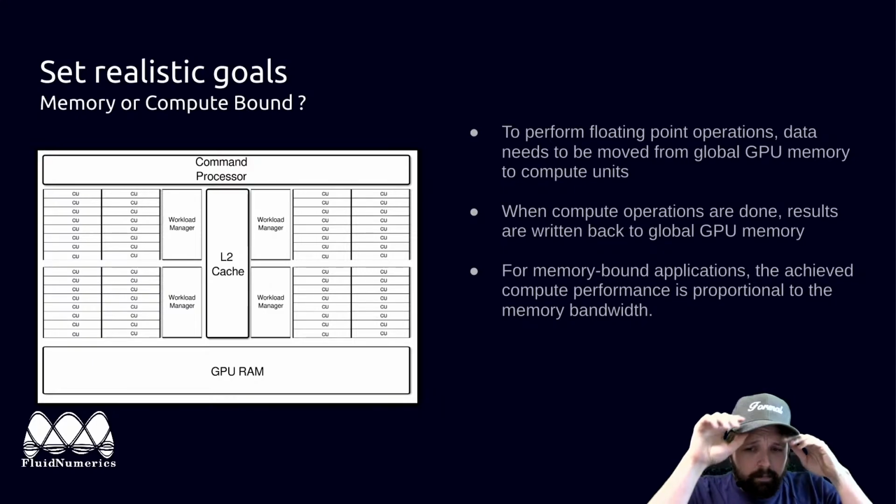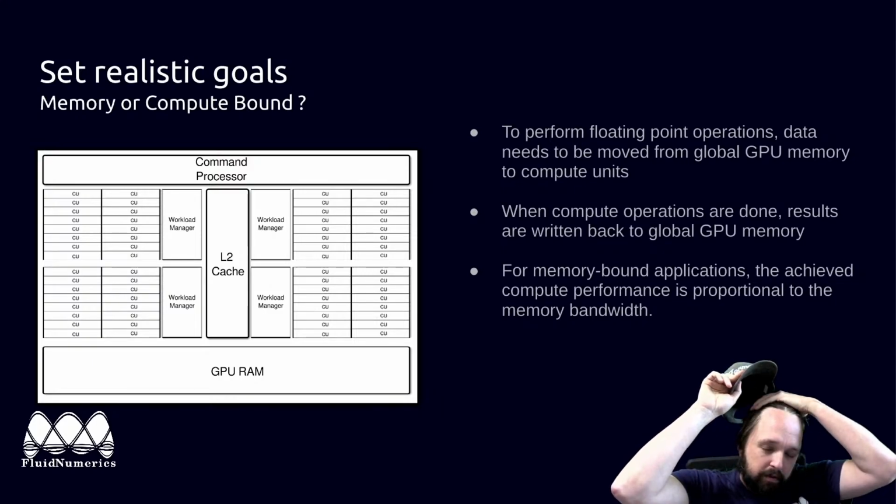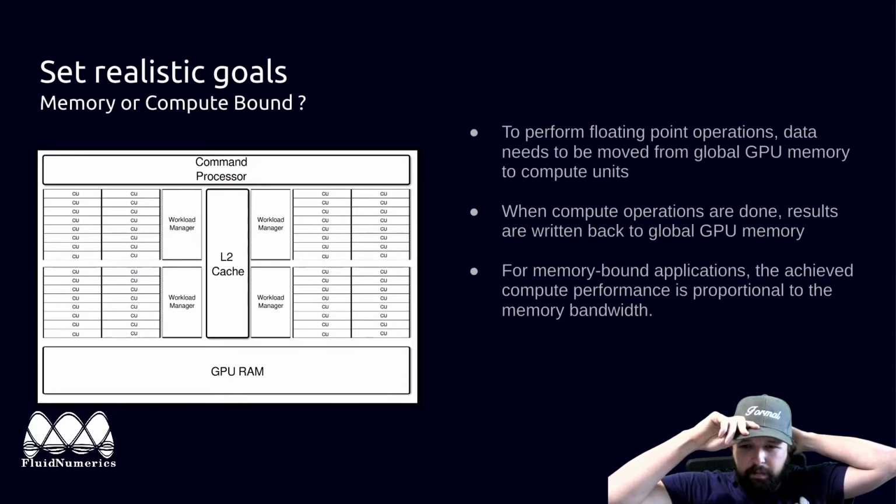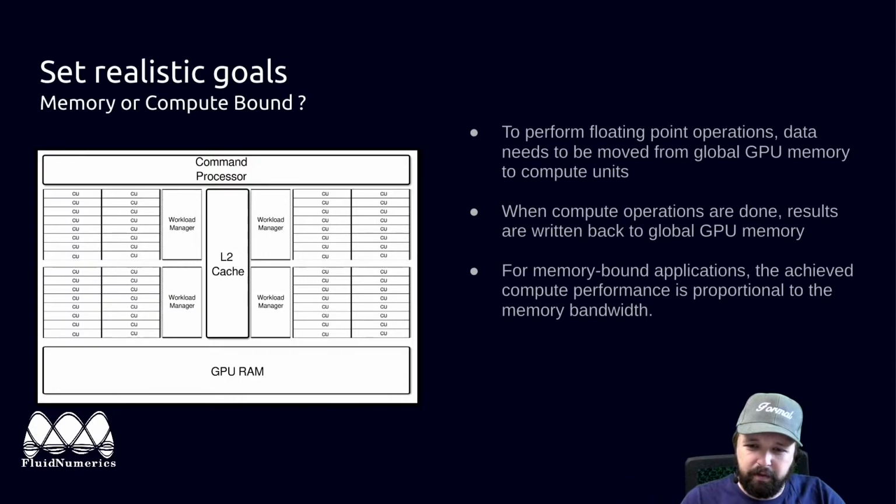When I think about performance, I always tell people to set realistic goals, and the same goes for when I coach myself through some of this programming. Always remember that if you want to do compute, you've got to be able to move data from memory onto compute units. When you're done computing, that data needs to move off the compute unit back into memory.